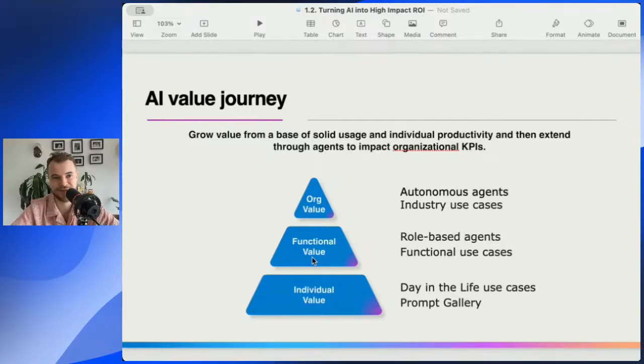So the recruiters, the sourcers. Then we have organizational value. So that could engage the whole HR department, have an uplift on outcomes and KPIs across the organization.